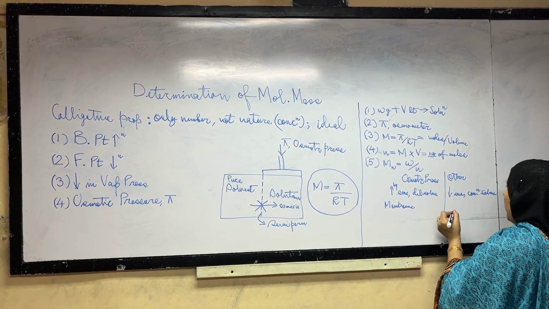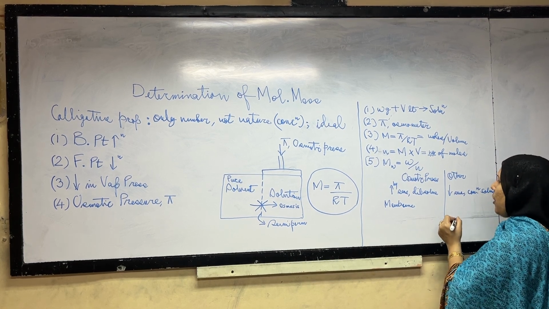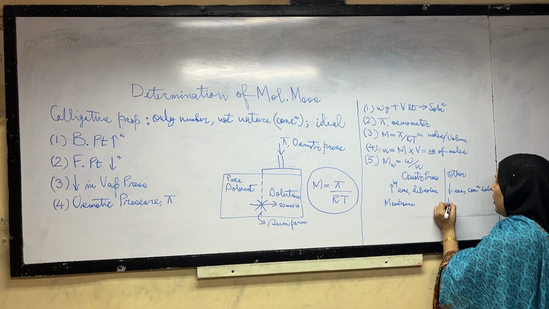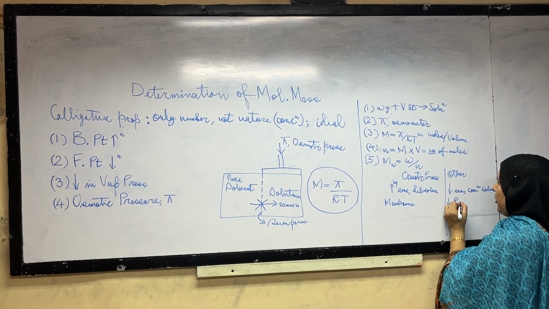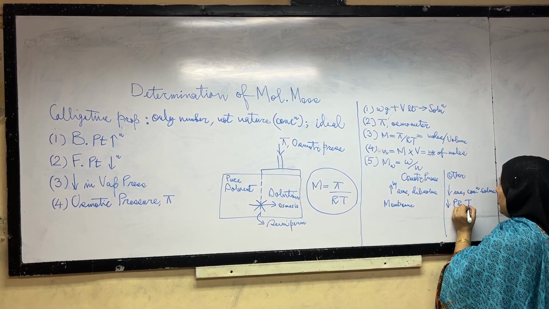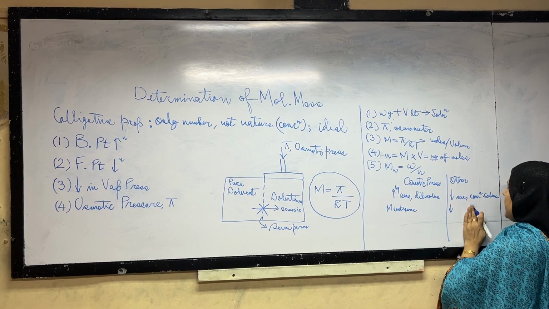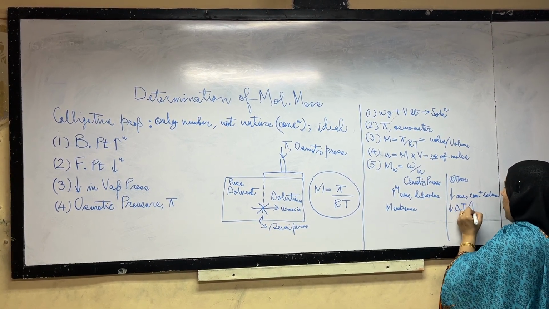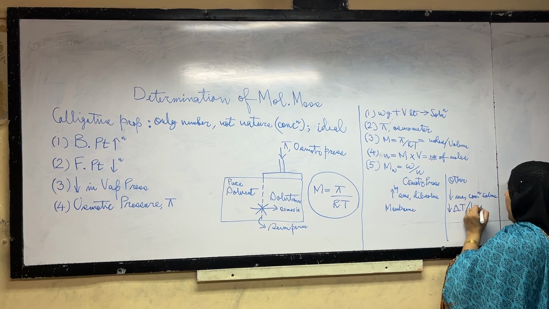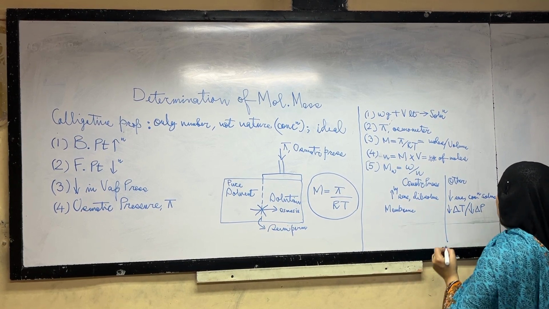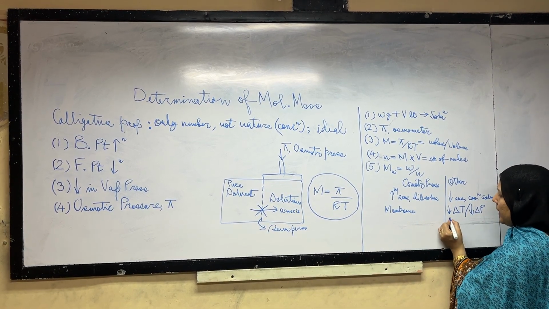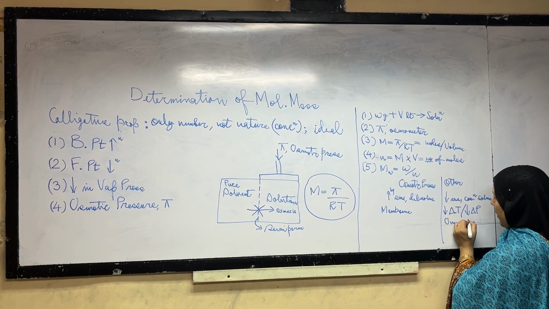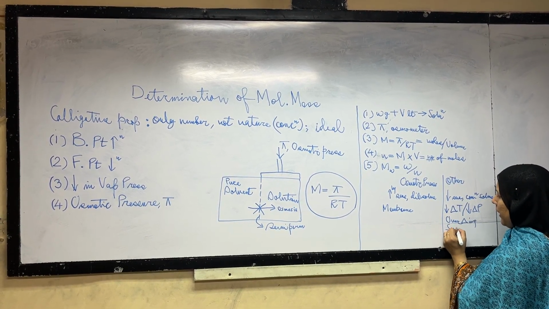And the other colligative properties, they have issues with measurement of small changes in temperature, small delta T, and small change in pressure. And then there are also issues with overheating and supercooling.